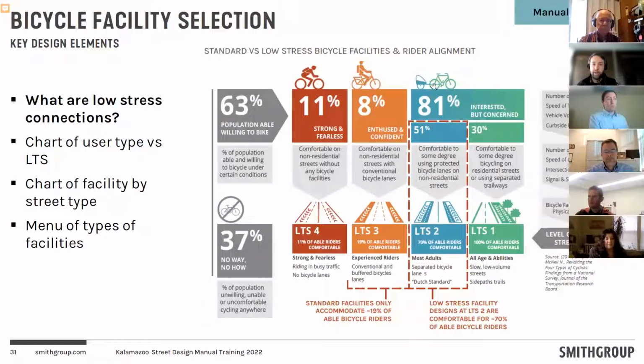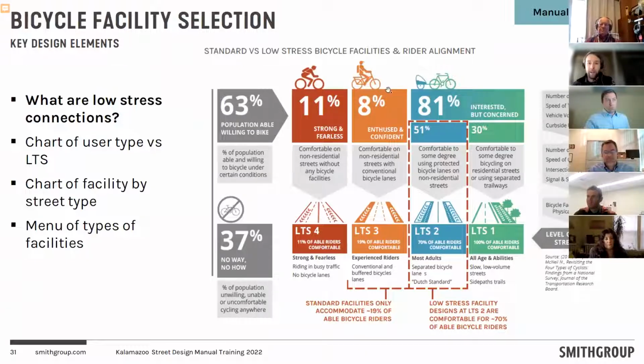But when you start to break down that 63%, these percentages in the color boxes all add up to 100, just so that they're all within the 63%. What they found is that about 10% of the people were pretty strong and fearless and basically willing to ride around on anything. So these are a lot of people that may be doing road bike riding for recreational riding. This is your spandex crew out there zipping around.